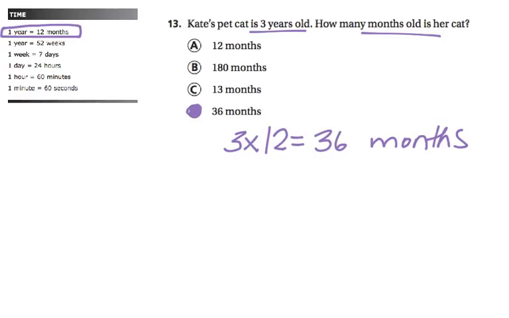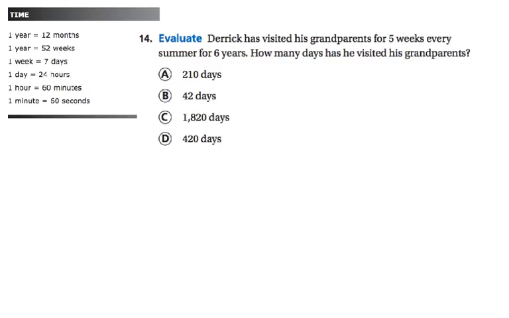All right, let's look at number 14. Derek has visited his grandparents for 5 weeks every summer for 6 years. How many days has he visited his grandparents? Okay, so this is kind of confusing.